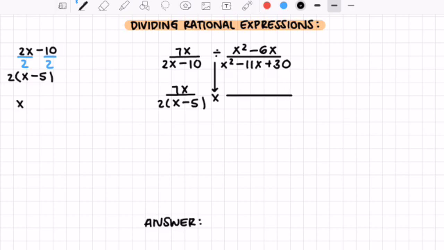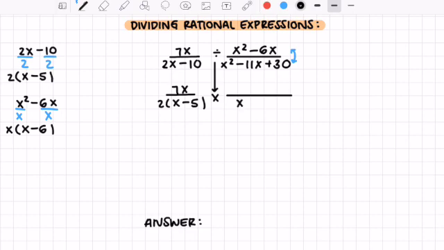x to the power 2 minus 6x. I could factor out an x from both of them. That leaves me with x times x minus 6, and that goes on the bottom now, because again, gotta flip it around.